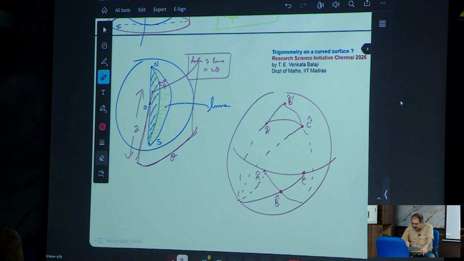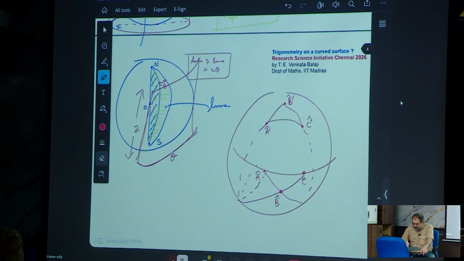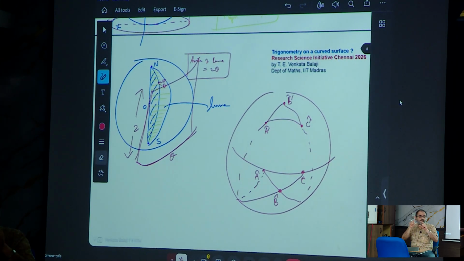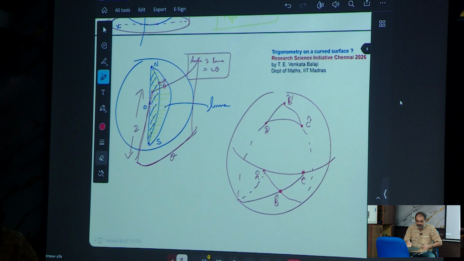Let me not attempt to draw it now, with time being a constraint. What I want you to understand is that you can think of a spherical triangle the following way. Take two of those points on an equator and take the third point, then start drawing loons and use this fact that the area of a loon is 2 theta, and you'll get something very amazing.